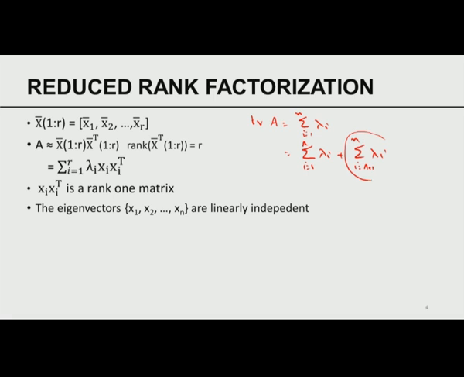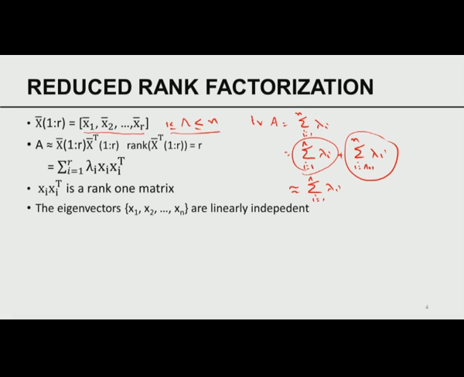If this is small compared to this, I can approximate this by the sum from i equals 1 to r of lambda i. Therefore, I am going to take only the first r columns corresponding to the first r eigenvalues. So this is the matrix of the first r eigenvalues, where r is a number such that 1 is less than or equal to r less than or equal to n.